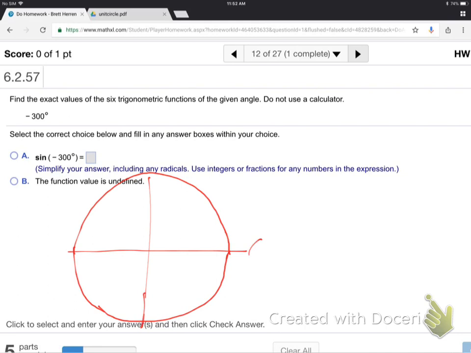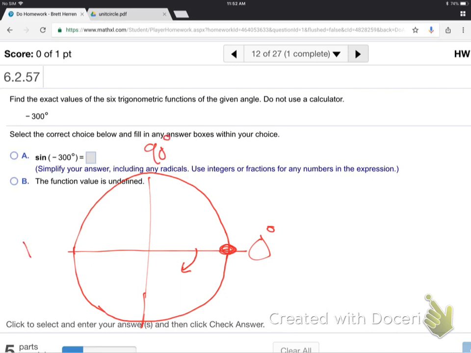Here's 0. You start right here at 0. So do minus 300. Remember, that means go down. Go down 300 degrees and see if you can find where you end up as a regular positive angle. You want to find it in normal, positive language, right? Is that making sense?